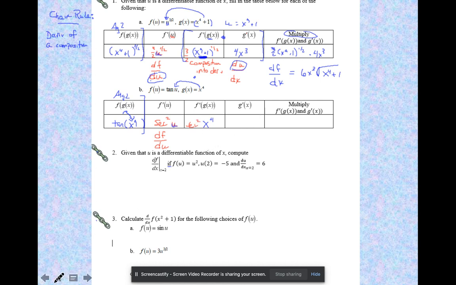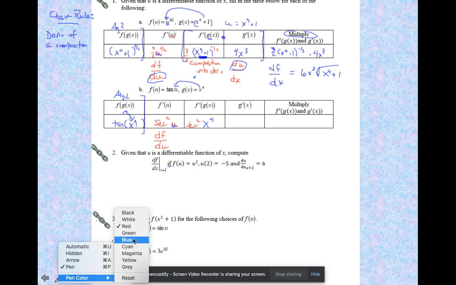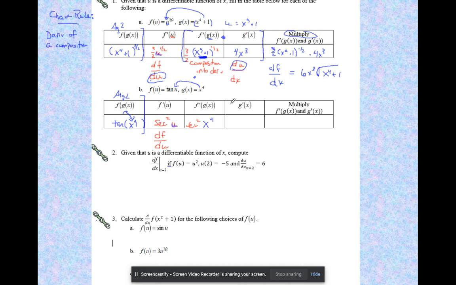Then what is the derivative of u, right? Remember, u is x to the 4th because we took x to the 4th and plugged it in here for this u. So what is the derivative of g, or the derivative of u, since we replaced u, with respect to x?